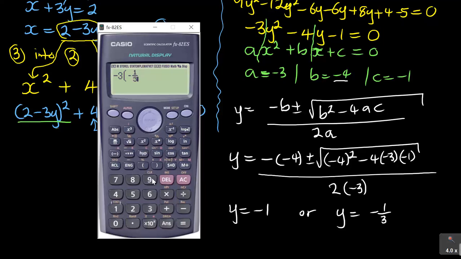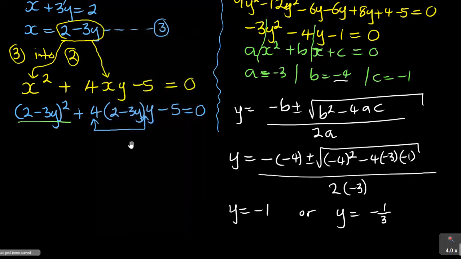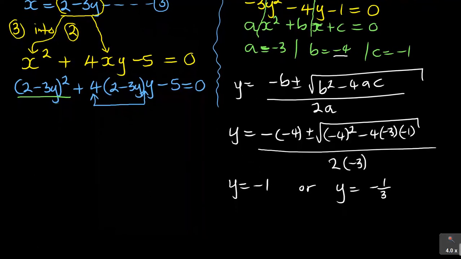Remember, you don't want to continue with the wrong value of y so that it will give you a wrong value of x. So you better test it into the last one that you did on your quadratic, which is minus 4 bracket negative 1 over 3. Alright, minus 1. It must give me a 0. So far so good.